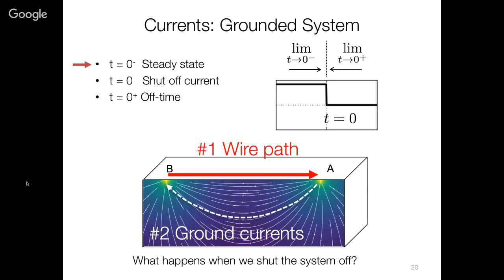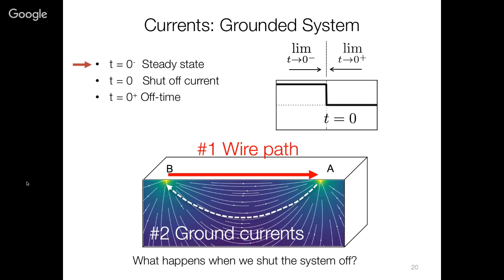Okay, so let's start with this. We've got a grounded system. The first thing that we're going to do is put a constant current in, and we're going to turn it off at some time t equals 0, and we're going to leave it on until then. At steady state, we already know what's going to happen. That was the very first thing that we did this morning.